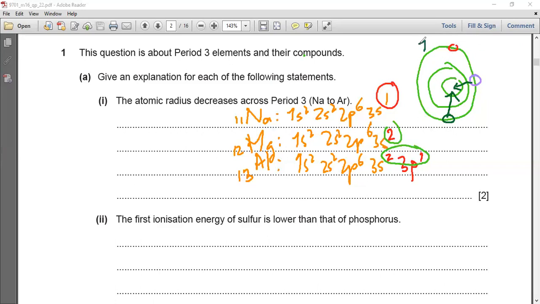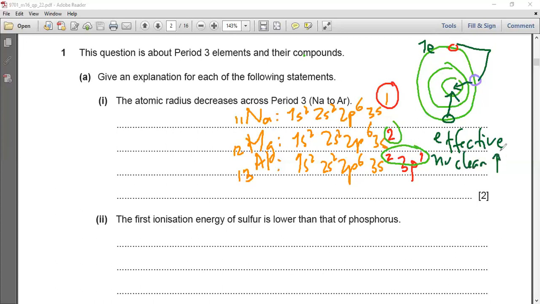If we only add one electron, the attraction between this electron and the nucleus in the outermost shell will be less than when we add two. If you have more electrons added in the same shell, it will increase the effective nuclear charge.